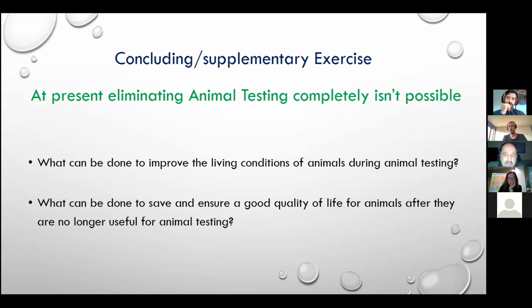And then the third phase is, okay, there's a lot that we can improve, but animal testing is still with us. And what can we do to improve the conditions of our animals during and after this phase of their life? So that was sort of a concluding exercise. You could also use it as a supplementary exercise if you'd like to take this a little bit further.